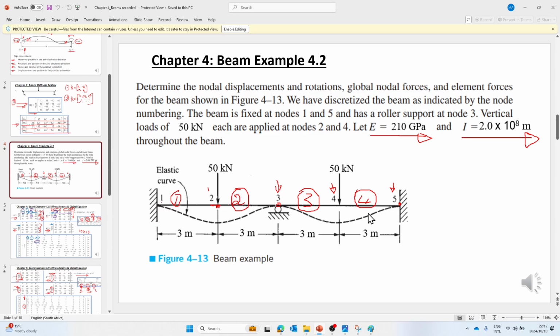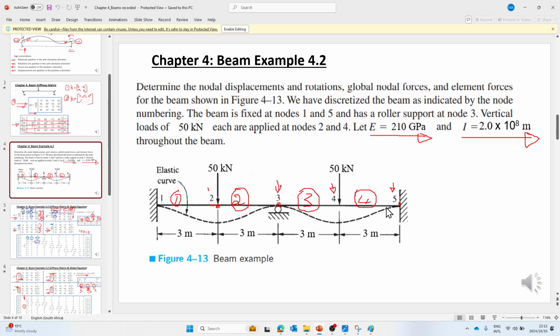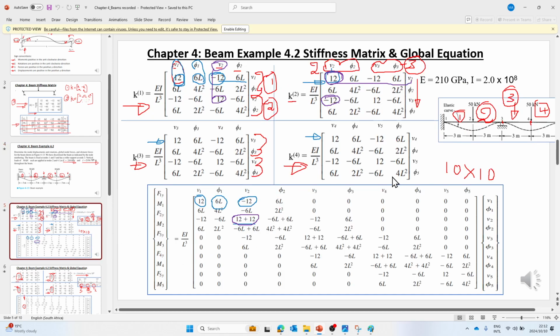I know this is a 5 by 5. But because this thing is a beam, I have two elements. I have the force and the moment. This must be multiplied by 2. All the elements here, the 5 here must be multiplied by 2. That's one of the reasons why you have 10 by 10. So it's quite easy to find it out.